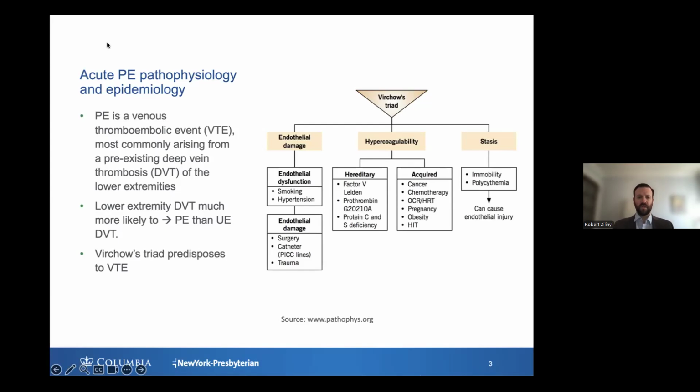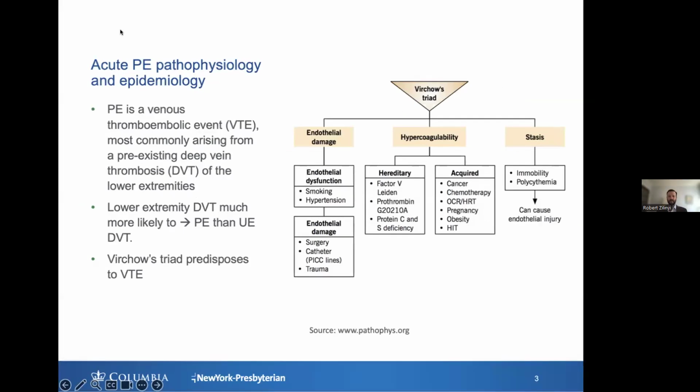So endothelial dysfunction can arise from either lifestyle factors, including smoking and hypertension, or surgery, some catheters, or recent trauma, particularly in lower extremities. Hypercoagulability can be due to a host of reasons, both hereditary and acquired. On the hereditary side, we have things like factor V Leiden, prothrombin gene mutations, protein C and S deficiencies.